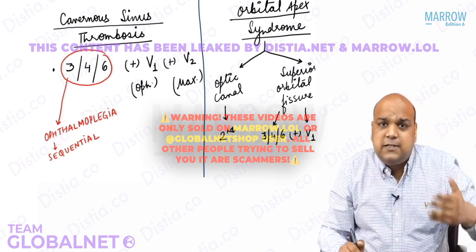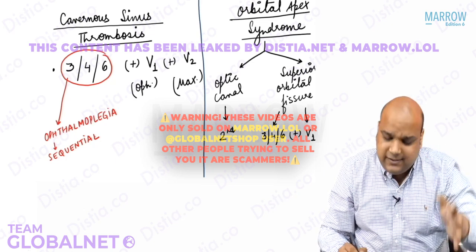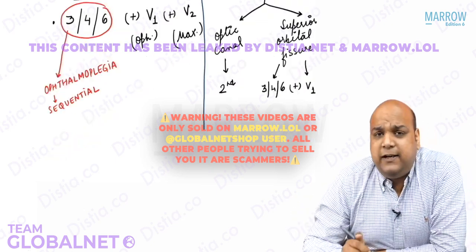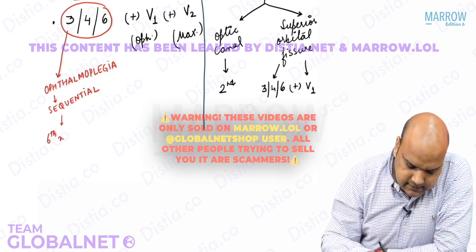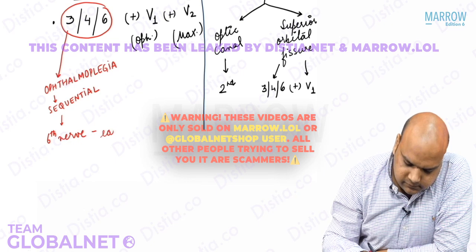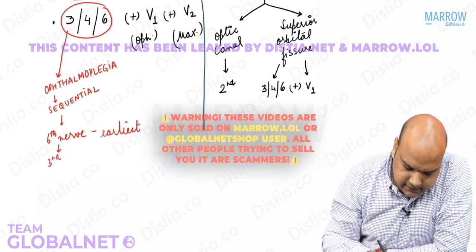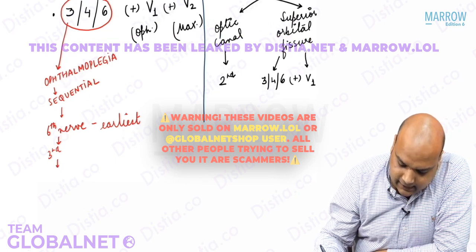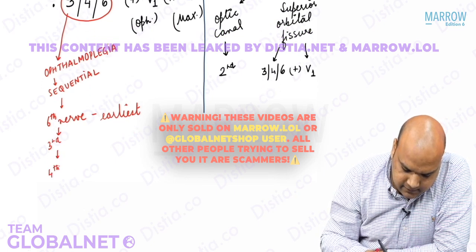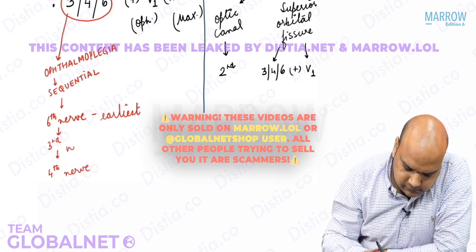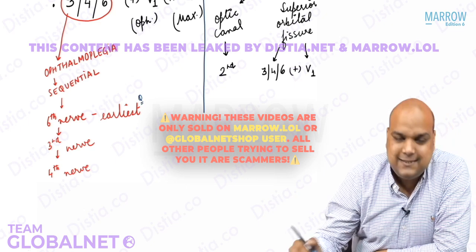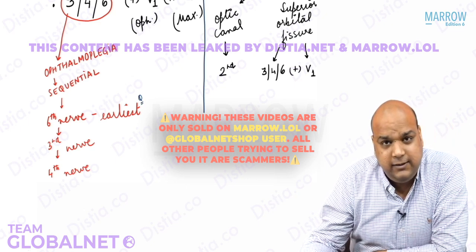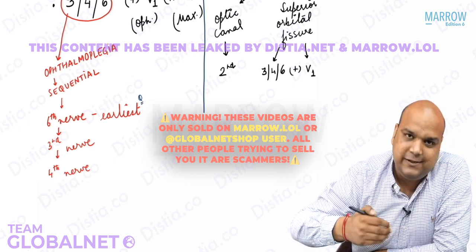So the question comes, which is the earliest nerve to be affected? The earliest nerve to be affected in cavernous sinus thrombosis is always the sixth nerve, followed by third nerve, then at last followed by fourth nerve. Okay? So we have a question here, that sixth nerve is the earliest affected. There will be ophthalmoplegia, but sequential.